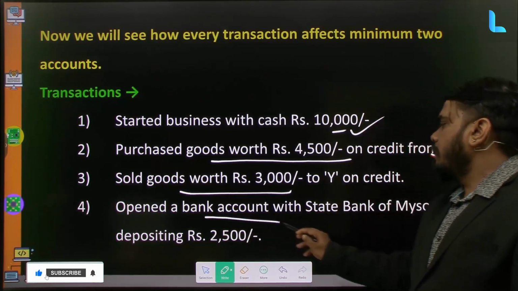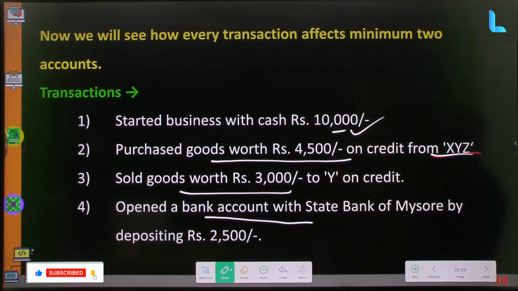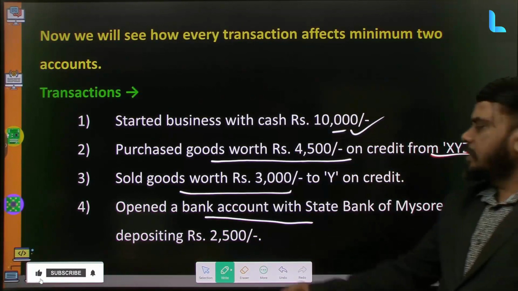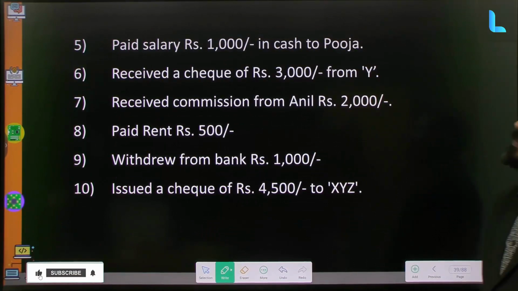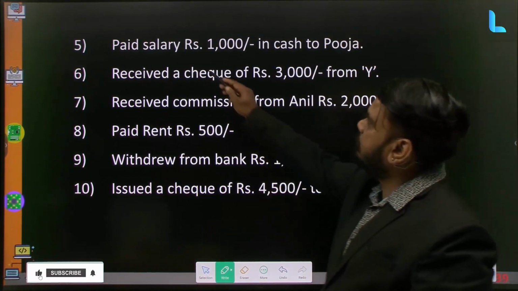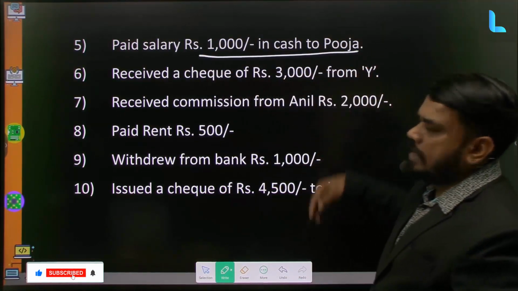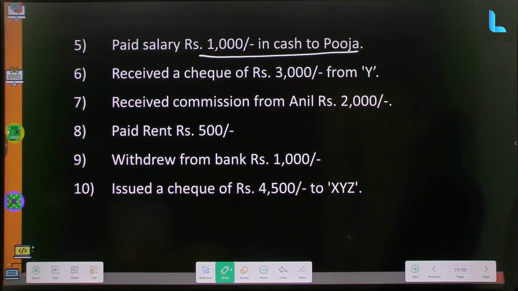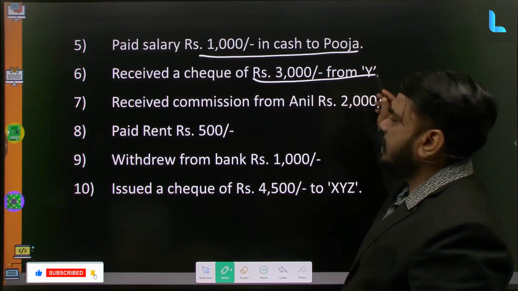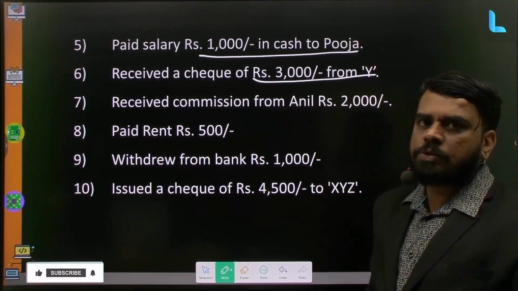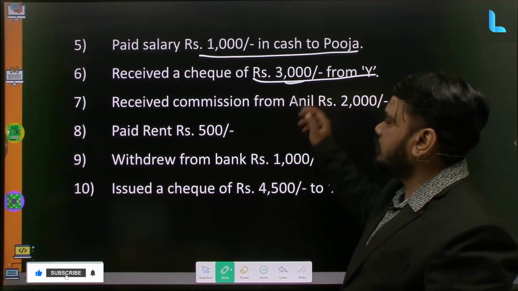Similarly, he has opened a bank account with State Bank of Mysore by depositing an amount of 2,500. So these are the monetary transaction examples. The fifth transaction here is he has paid 1,000 salary to an employee in cash called Puja. Then he is receiving a check from Y, to whom he previously sold the goods, and the amount is rupees 3,000.